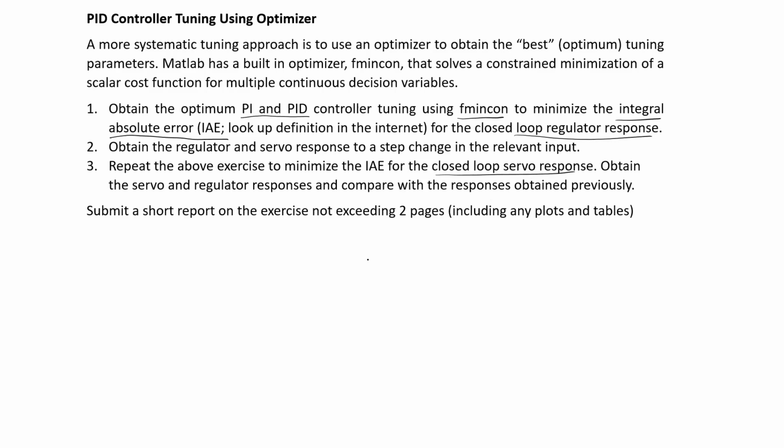So what we want to do is minimize, let's say we got a PID controller. PID controller has unknown tuning parameters Kc, tau I and tau D. So we want to minimize over Kc, tau I and tau D as our decision variables, an objective function J, and J is equal to integral absolute error.